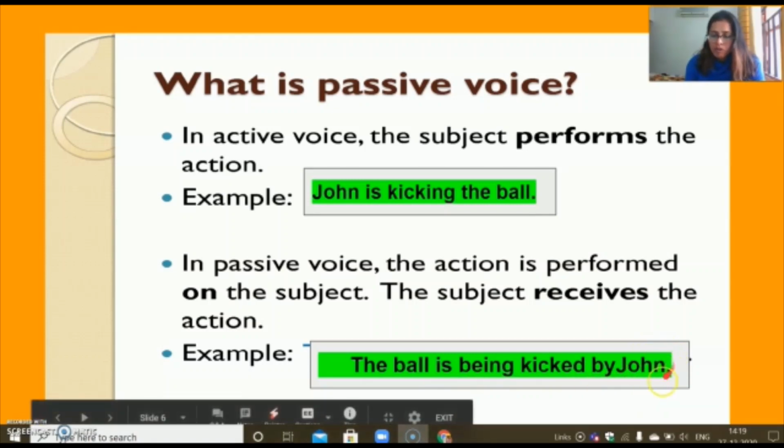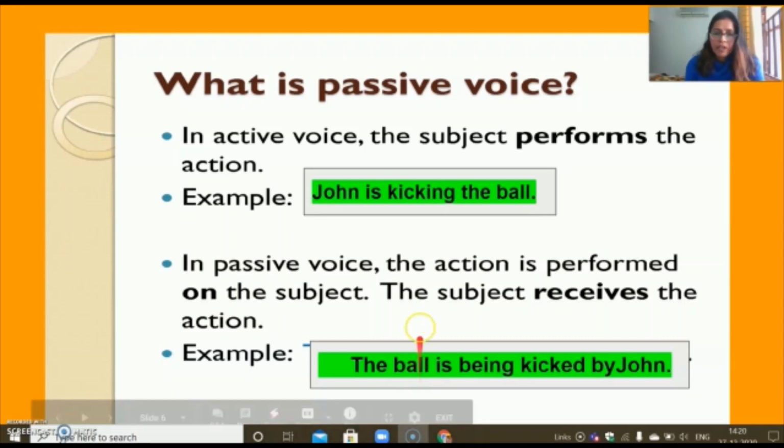And John, obviously, has taken the place of the object, though John is the one who is doing the action and he is performing the action here on the ball. So ball is the receiver, but here ball is placed in place of the subject. That's why we can say that ball is the subject of the sentence. I hope it is clear.